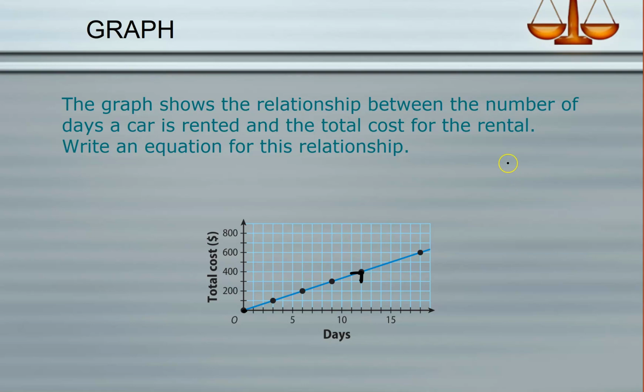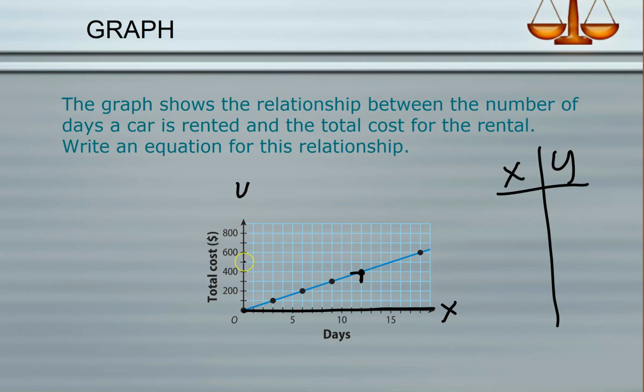Now, I want you to create a table. If you know your ABCs, X goes first. So once you create a table, I want you to get the X of that point and get the Y of the point. Now, do you guys remember what is the X of a graph? The X will be this right here.